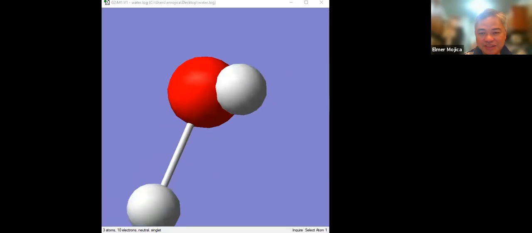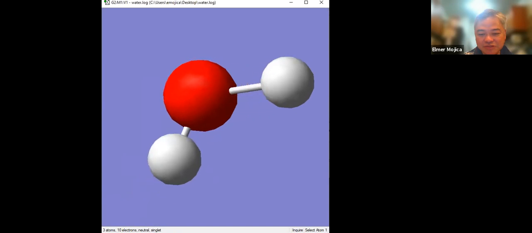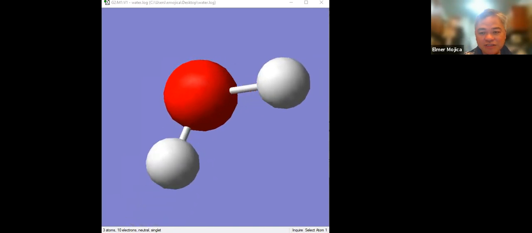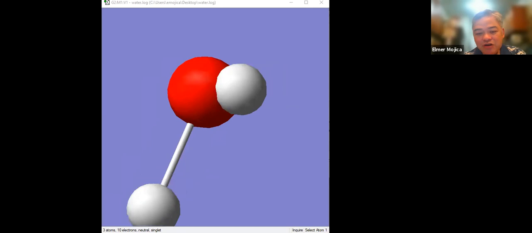And this software that we have is what we call Gaussian. Gaussian can do a lot of calculations. Are you familiar with the HOMO-LUMO? Familiar ba kayo dun sa HOMO tsaka sa LUMO?